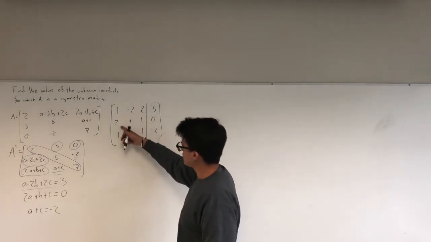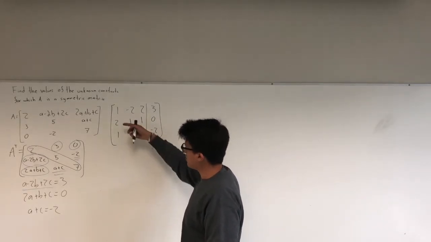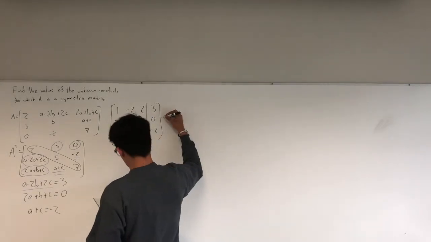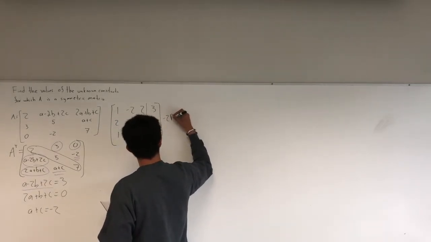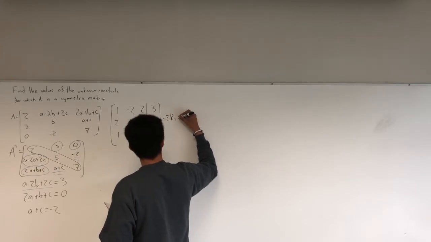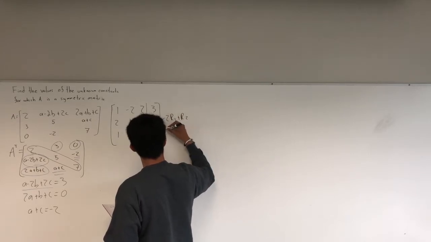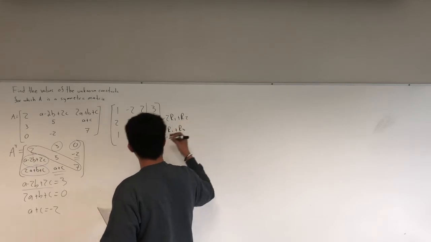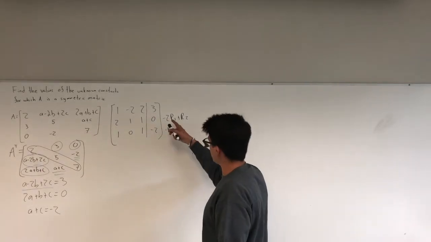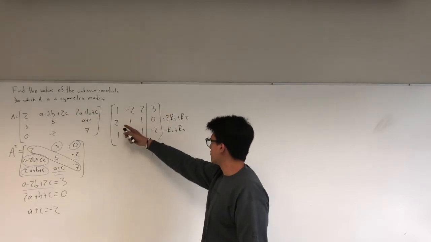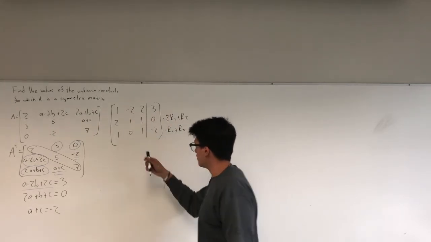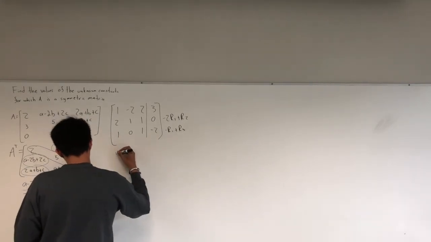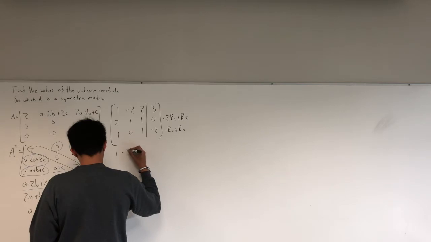First, we need to get these values to 0. By performing these row operations, minus 2 times R1 plus R2 and minus R1 plus R3. Now we get this matrix.